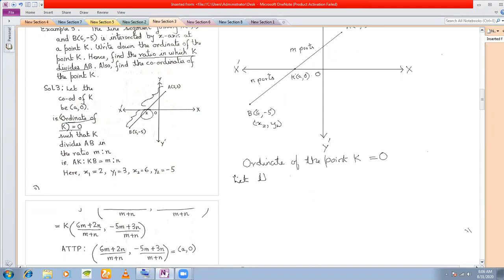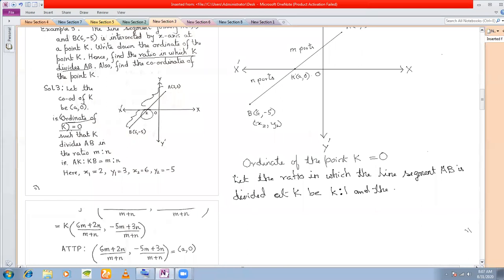Let the ratio in which the line segment AB is divided at K be k is to 1, and the coordinates of K be a comma 0.